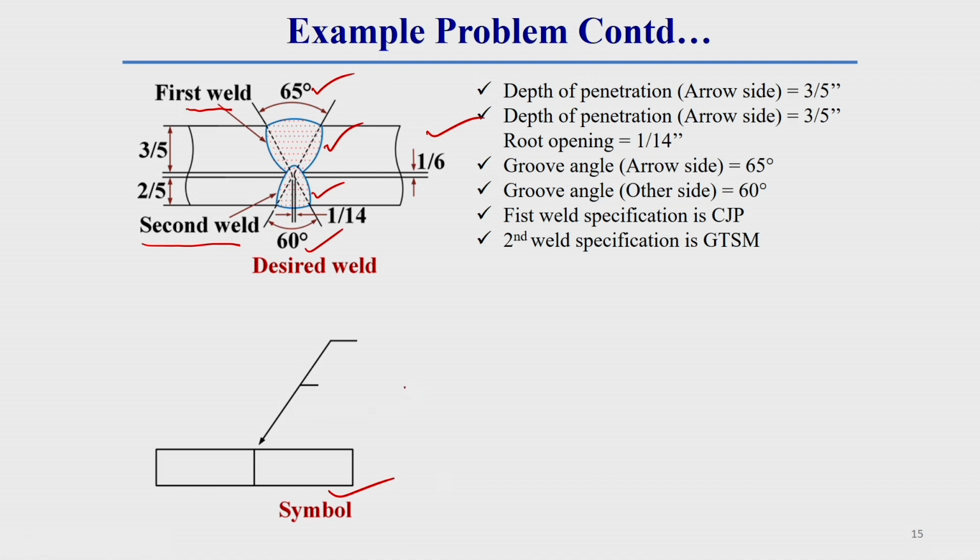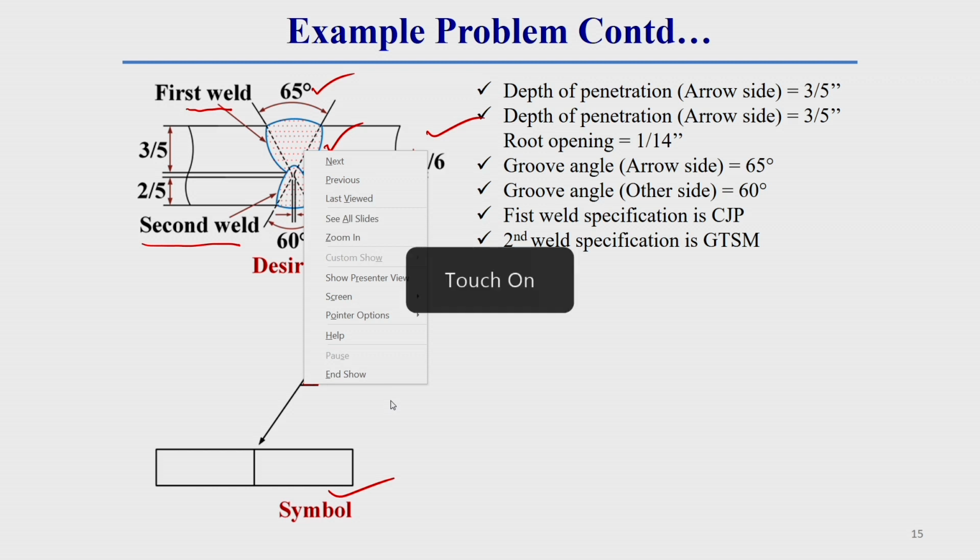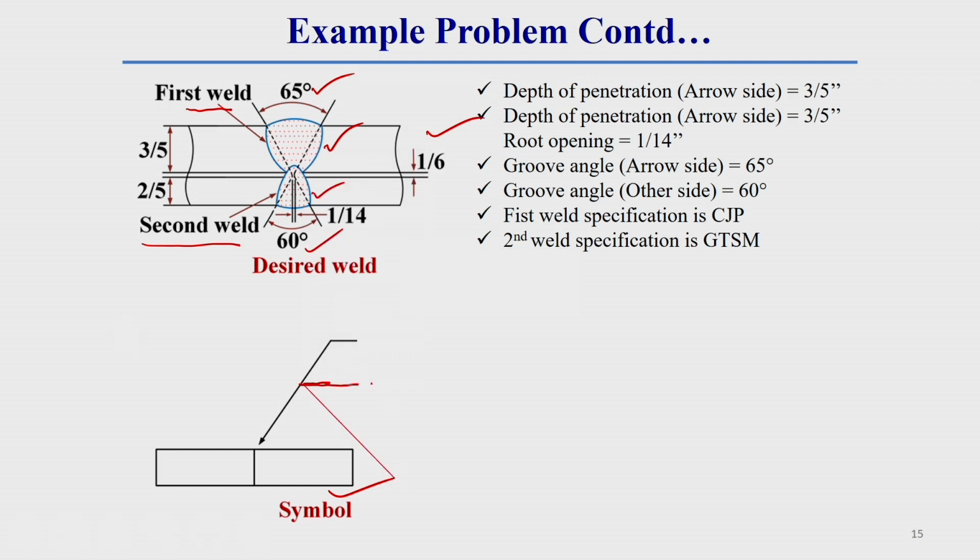First, for the first operation detail, we have to draw a horizontal line close to the arrow. In this horizontal line the first operation is done.